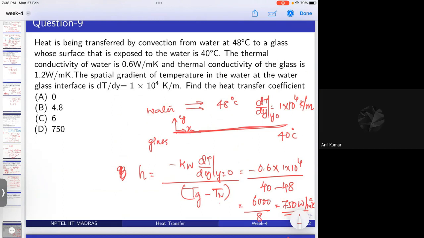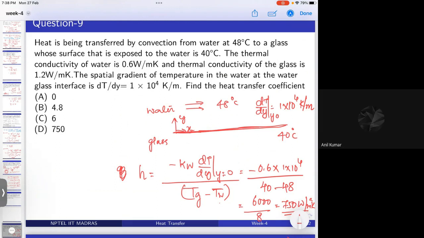Can't the water be still? No, it is already moving. Otherwise, it should be natural convection. Even if it is natural convection, some current will be formed, and then also this expression is valid.